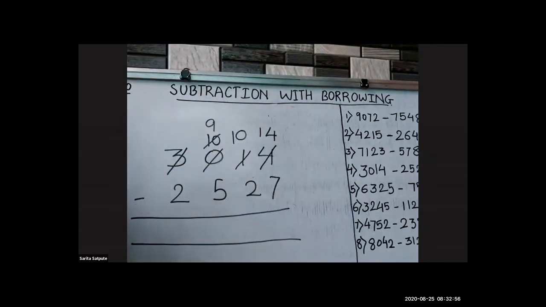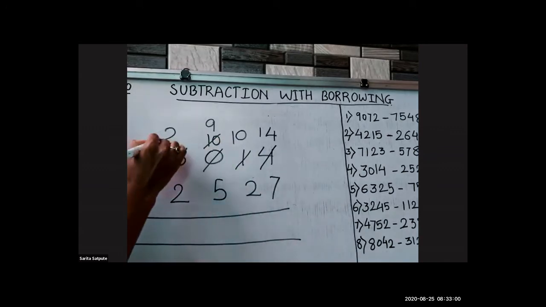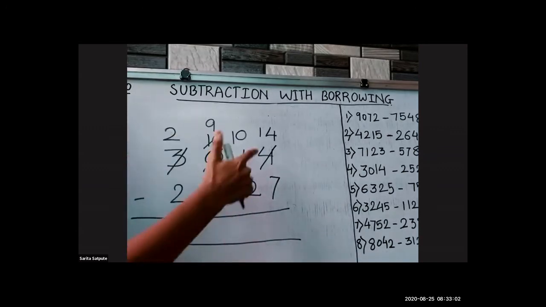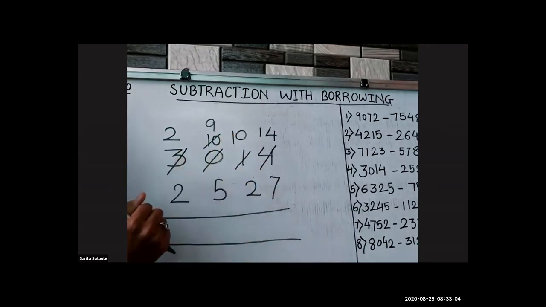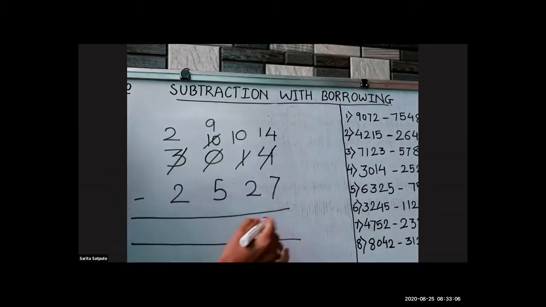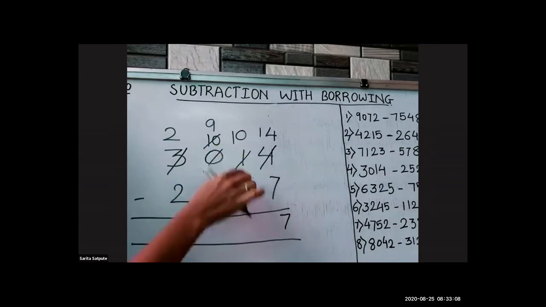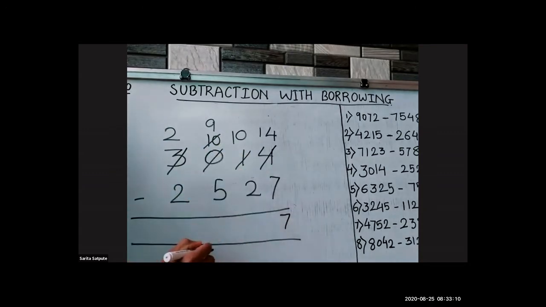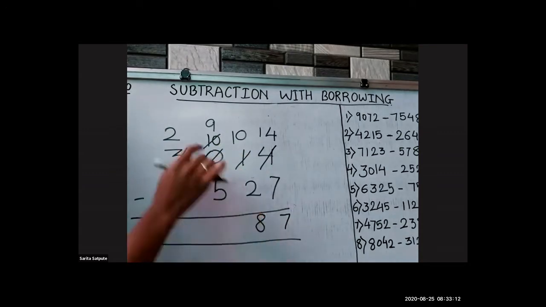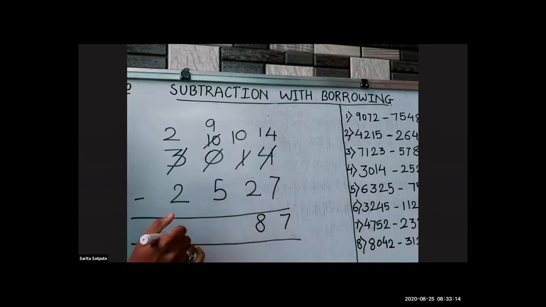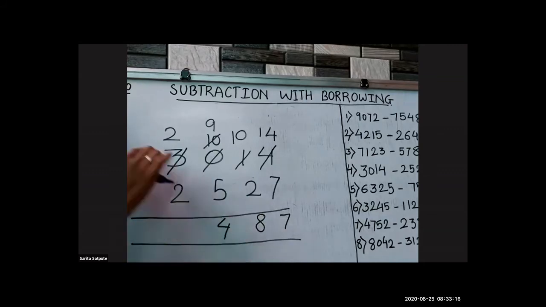It means you have understood the topic. So now 3 will become 2. Now you can subtract it. So 14 minus 7, 7. 10 minus 2, 8. 9 minus 5, 4, and 2 minus 2, 0.